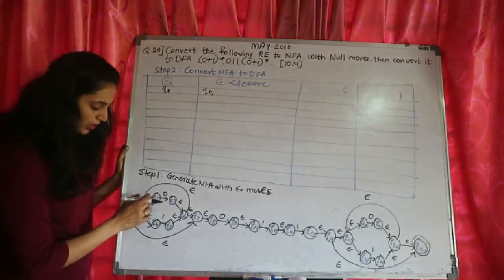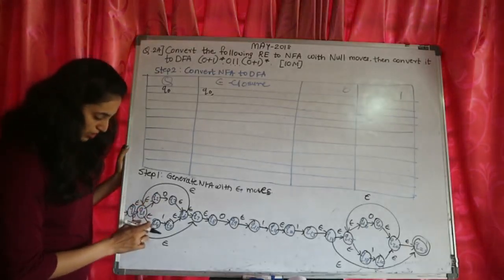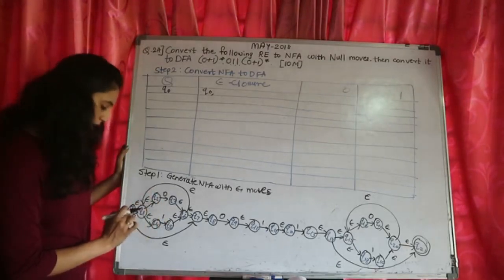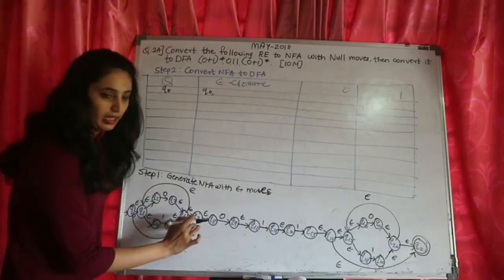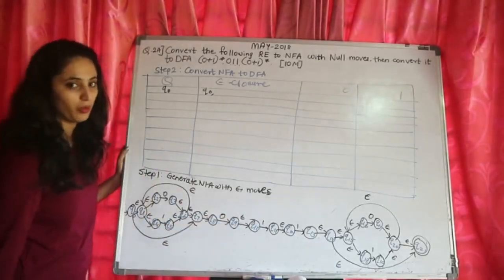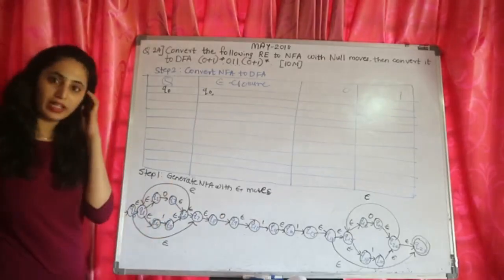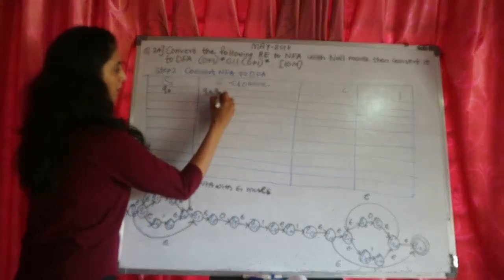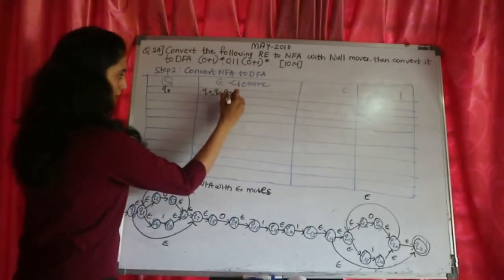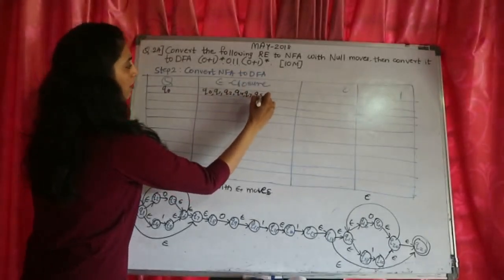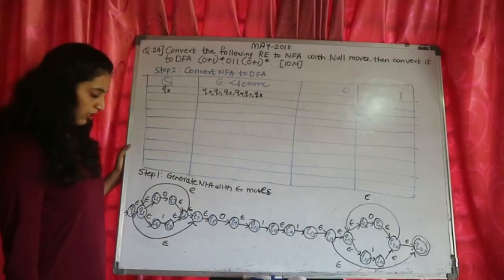Then from Q1 on epsilon it will go to Q2, then Q4. It will not go beyond this because here it will stop at 0 and 1. But here it can go to Q7, then it can go to Q8 also, then it will stop here because here there is 0. So I'll write down all the states where it can reach with epsilon. That is Q0, Q1, Q2, Q4, Q7 and Q8.